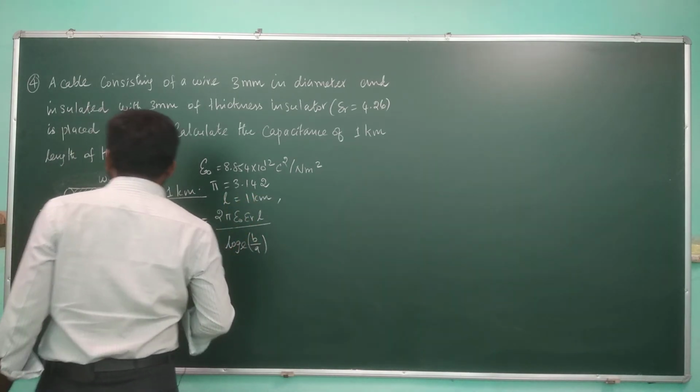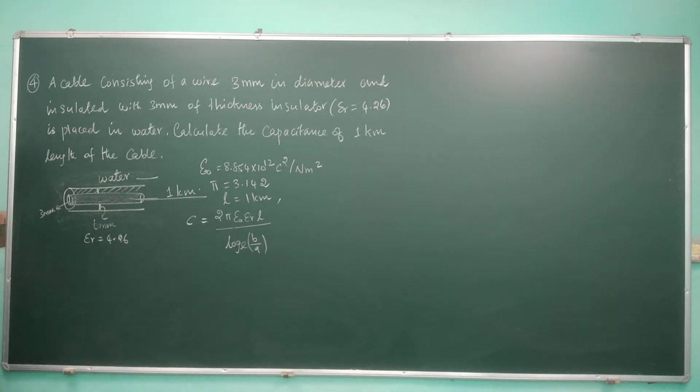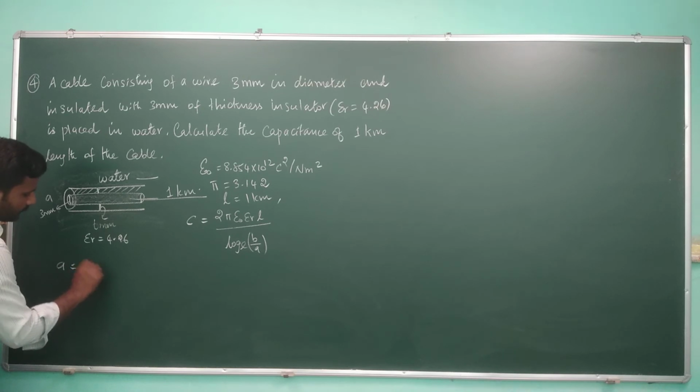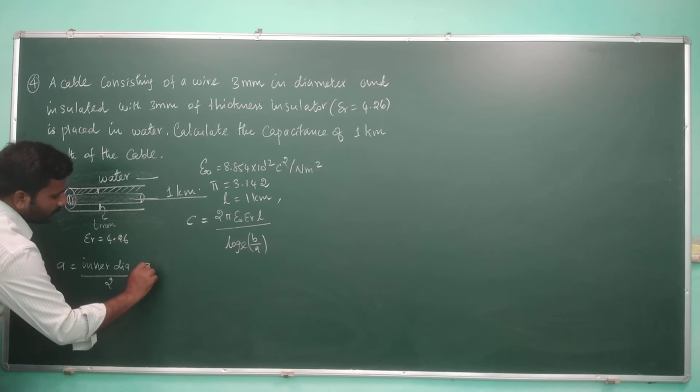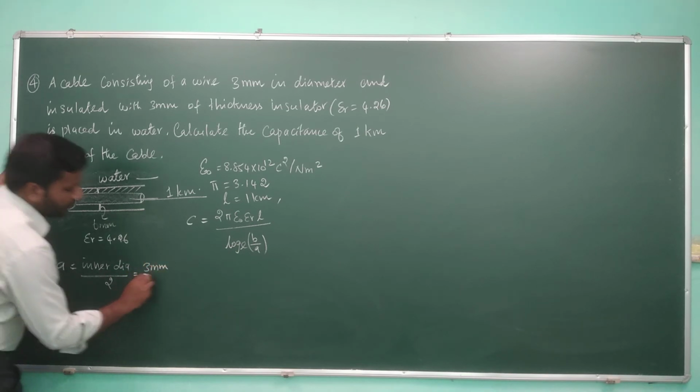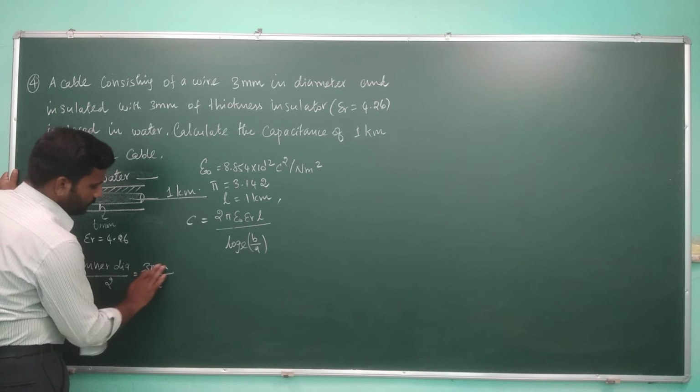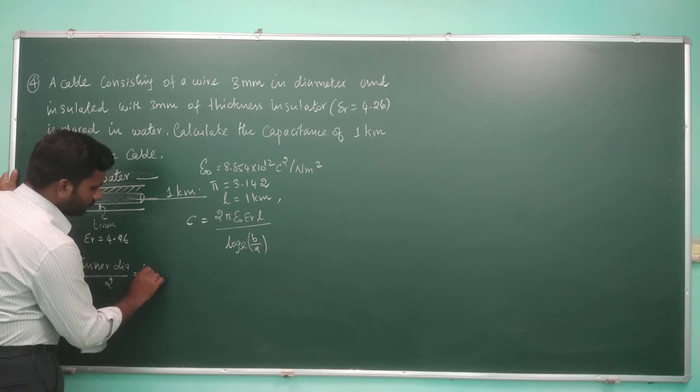Okay, now we have to substitute these values here. L is equal to 1 kilometer, and we need to calculate what B is and what A is. How to calculate that? What is A? This is the radius of the inner part. But what is given here? The diameter is given. A is the inner diameter divided by 2. What is the inner diameter? 3 millimeter divided by 2. So you can write 3 by 2.